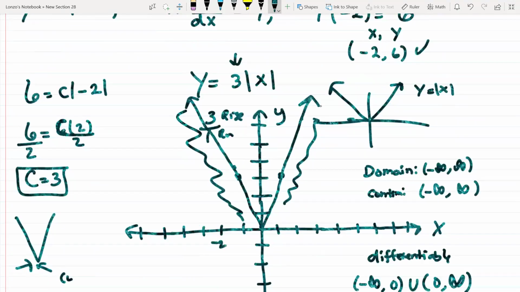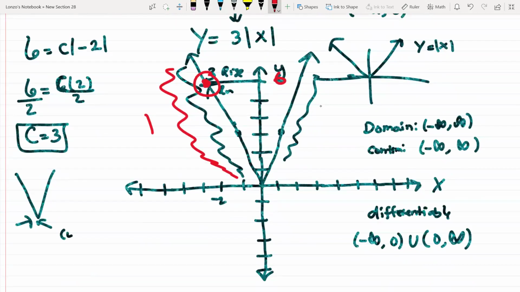Negative 2, 3, 4, 5, 6. So it'd be right here. Let me use red. Right about here. Okay, that means we only care about this region, the further left, because that is where our solution is at negative 2 comma 6. So we only get to rely on region 1.